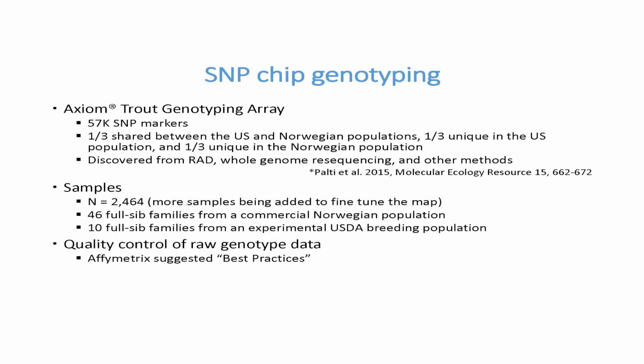The markers we used are from three sources. One is the rainbow trout SNP chip markers. There are around 57,000 SNP markers in the rainbow trout SNP chip, and we used this SNP chip to genotype many fish, some from the Norwegian rainbow trout population, some from the USDA's breeding populations.